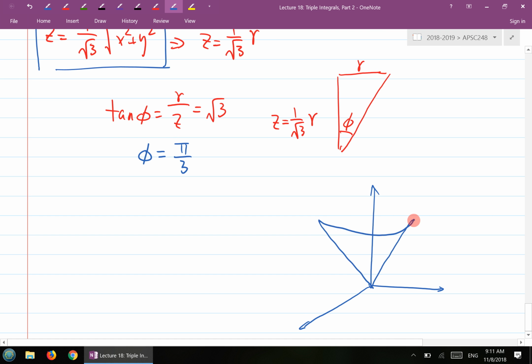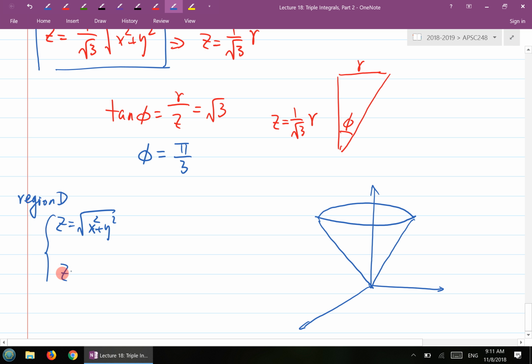Let's say I have a cone given to you, and you have a region D. The region D consists of this cone plus a top plane, let's give a number here, Z equal to 4.